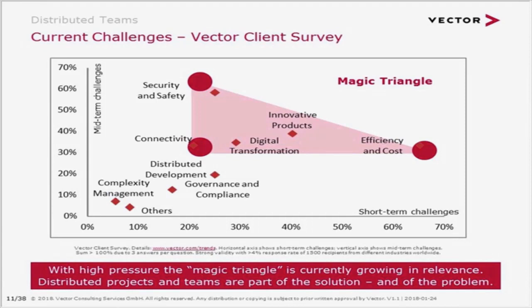What I try to emphasize here is that it's possible to achieve efficiency in line with the necessary quality and innovation, but it means also to better use distributed teams and get the most efficiency out of these teams.